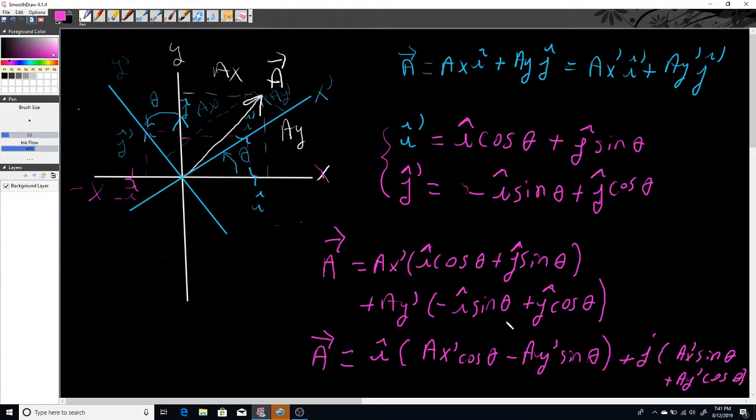But what you should be able to catch is that this equation has the structure of an i and a j, and an a of x and an a of y. That means that this thing here must be a of x, and that whole expression in the parentheses must be a of y. So now I'm going to clear the space up here, and I'm going to rewrite a of x and a of y.